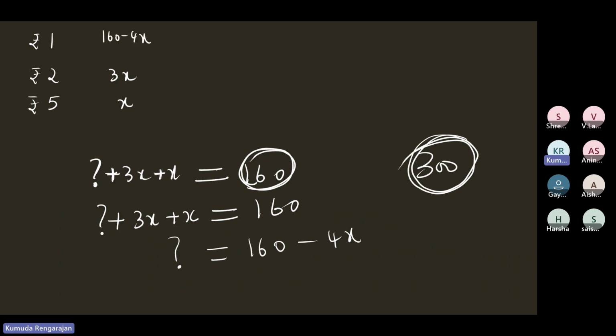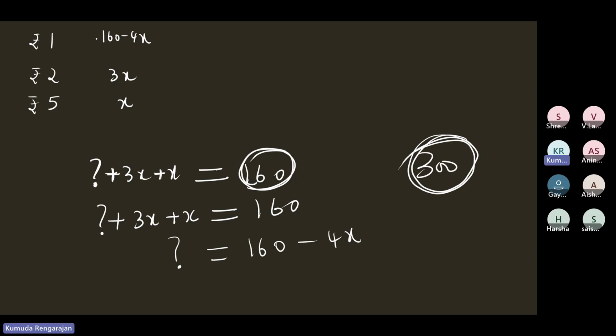So we have the denominations and we have the number of coins. Next we'll have to multiply and find the respective value of money.